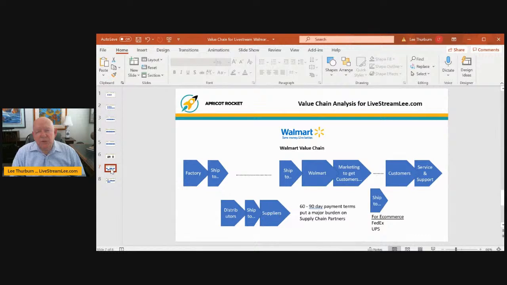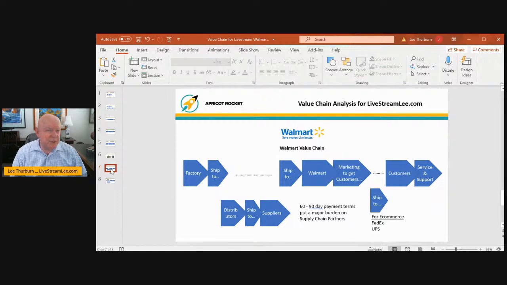Now, it's much more complex than simply sending product directly to Walmart, because fairly quickly in the history of Walmart, the Walton family was able to get multiple locations. As they began to grow multiple locations to further increase their volume buying power and get better prices, they ended up having to get distribution warehouses.